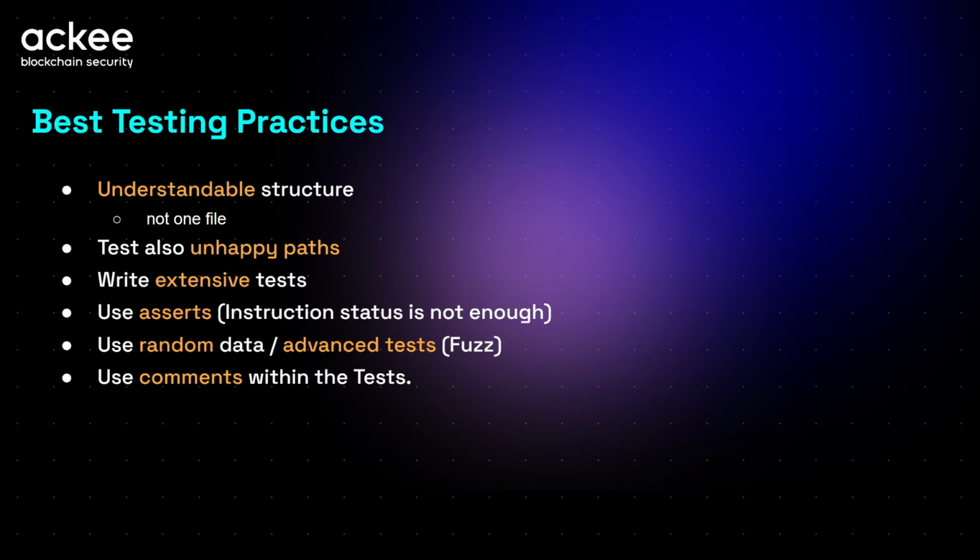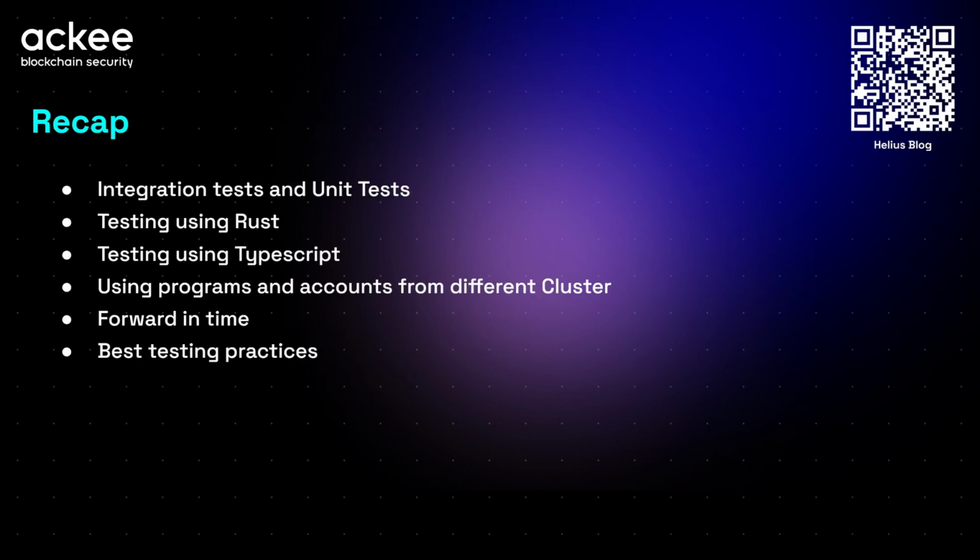But if you have some utility functions within your tests, definitely add at least a one-liner comment: this function is for this, this is the signer for this, this is the constant for this. It definitely increases the readability of tests. So these are the points that I would like to mention here that are, from my side, the best testing practices. And now we can continue to the recap.